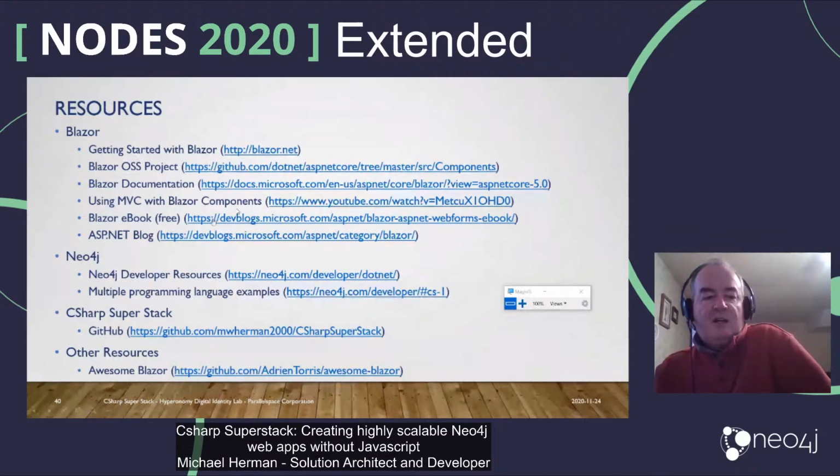There's quite a good free BLAZOR ebook published by Microsoft to have a look at. Of course, there's the developer resources for .NET on Neo4j. And there's some really good programming examples that you'll find on these pages as well.